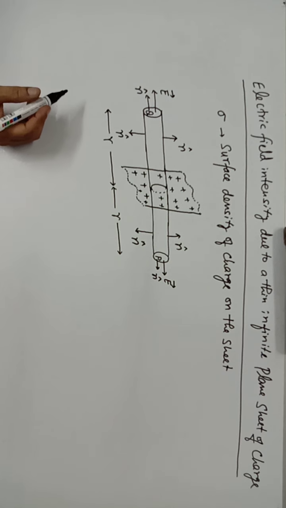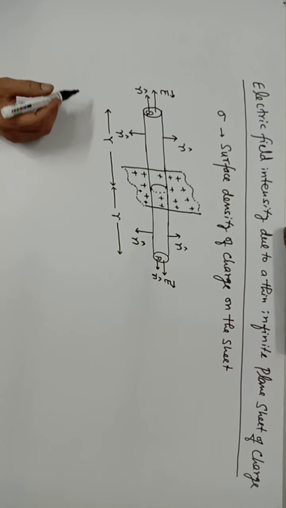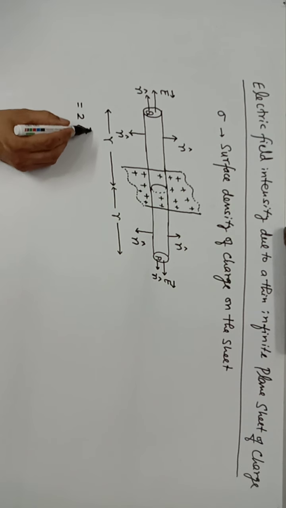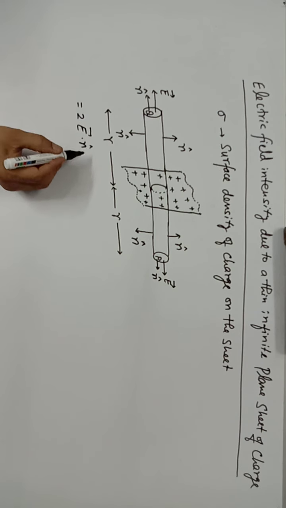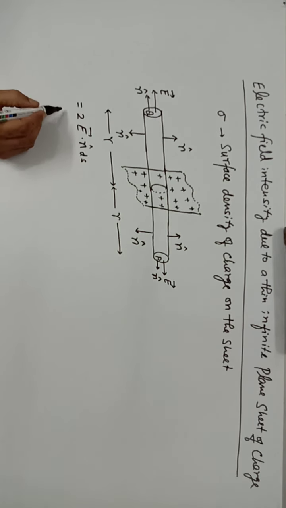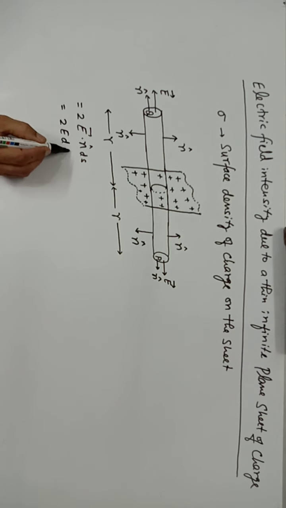So the electric flux over these ends is E ds n cap, which is 2 E ds.